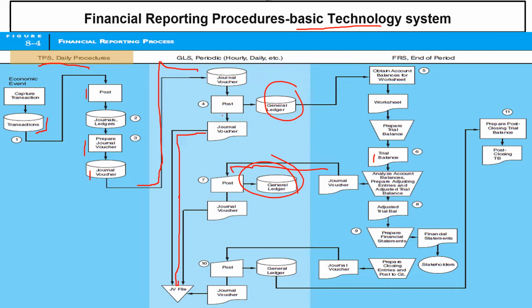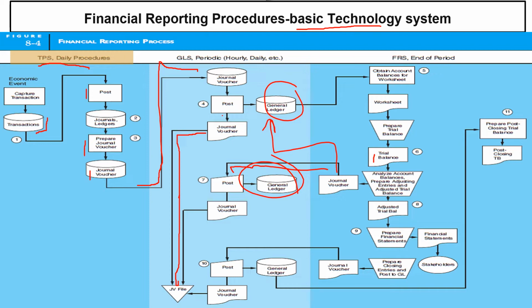Actually, if you draw, you can also just do it like this. It's also correct because it uses the same file. I do prefer, instead of just putting journal vouchers, to say journal vouchers of the adjusting entries.